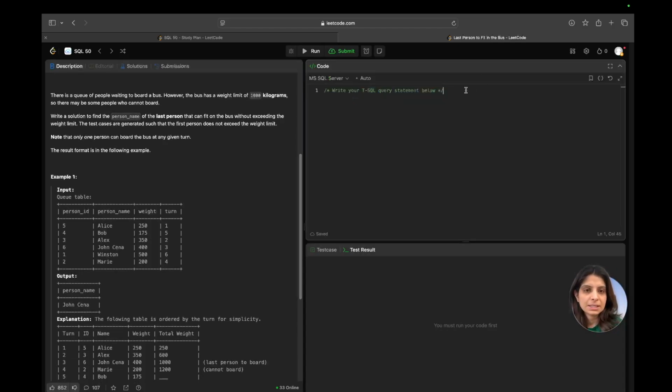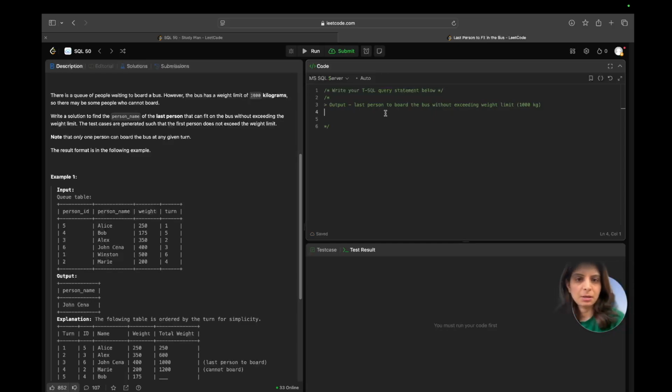Okay, so let's start by writing what we need. Output will only have one column, which is the last person to board the bus without exceeding the weight limit, which is 1000 kilograms.